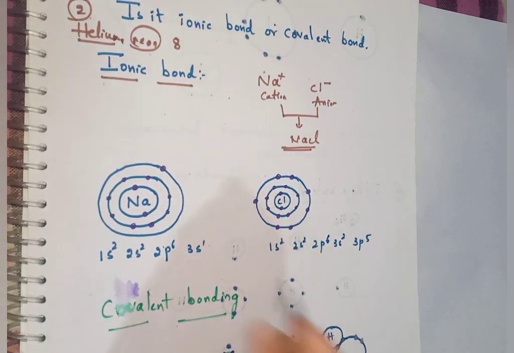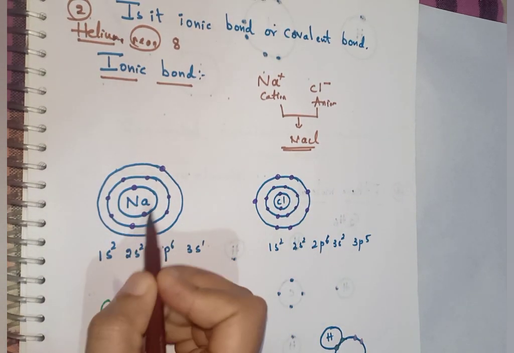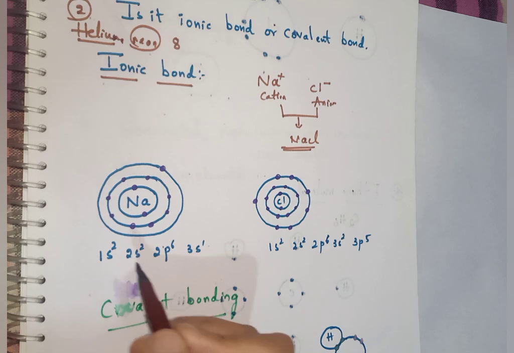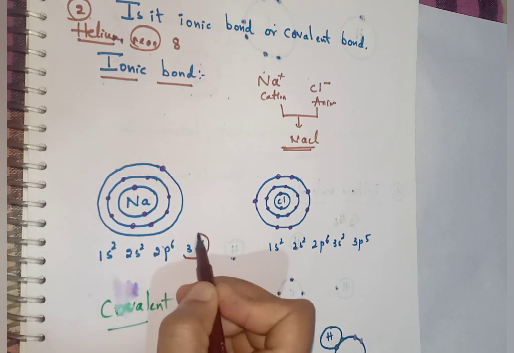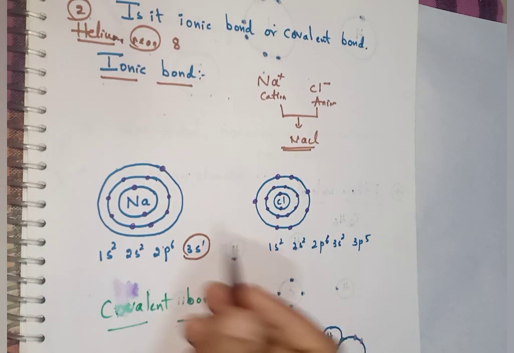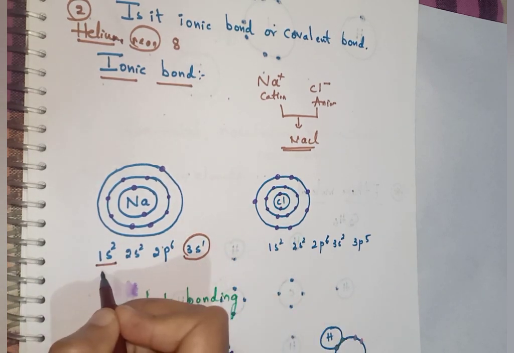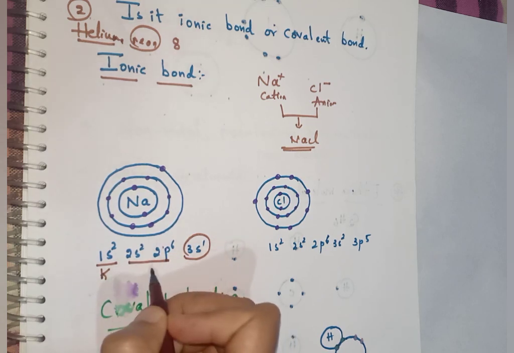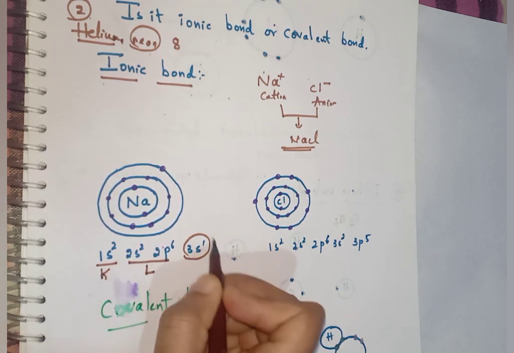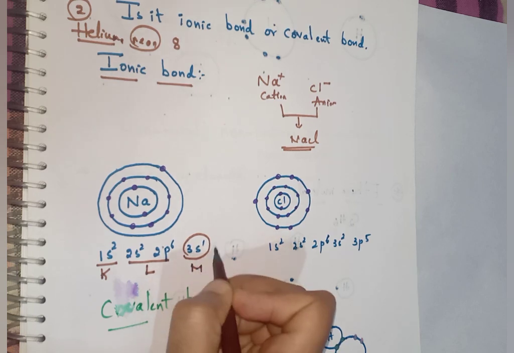So look here, in the Na, that is in the sodium, the electronic configuration is 1s2, 2s2, 2p6 and 3s1. So here are 2 electrons. This is the first shell, that is K shell, and these are 8 electrons. So it is the second shell, that is L, and in the third shell, that is M, only 1 electron is present.